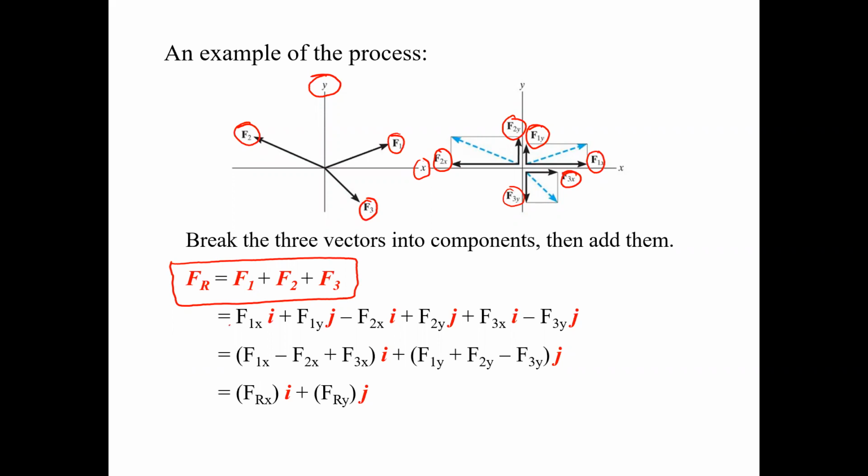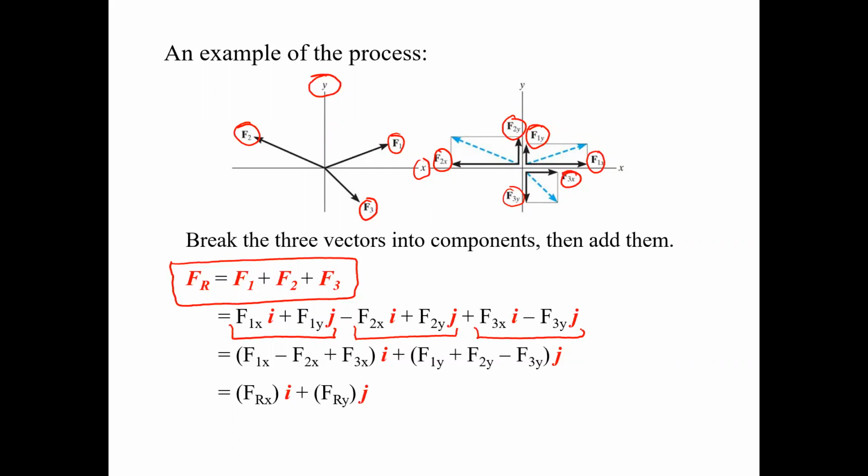So this is your F1. This is your F2, and this is your F3, right? F1 has two components, x and y. F2 and F3 also have two components, x and y, right? But we also add here the i and j unit vectors, right? Because we are using the Cartesian notation, okay?